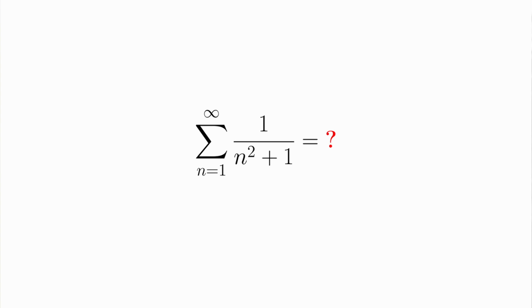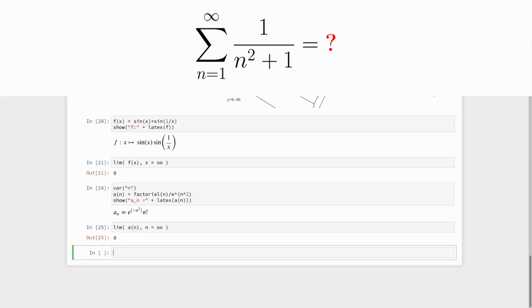So as an example, let me calculate the sum of a series of the form 1 over 1 plus n square. So I type s of n is 1 over n square plus 1, and capital S is the sum of this series, so it's sum of s of n for n varying from 1 up to infinity.